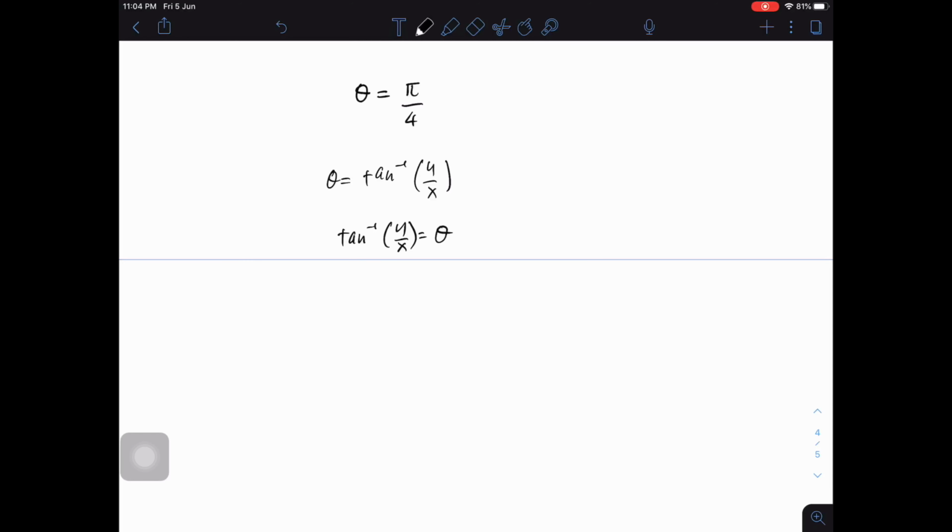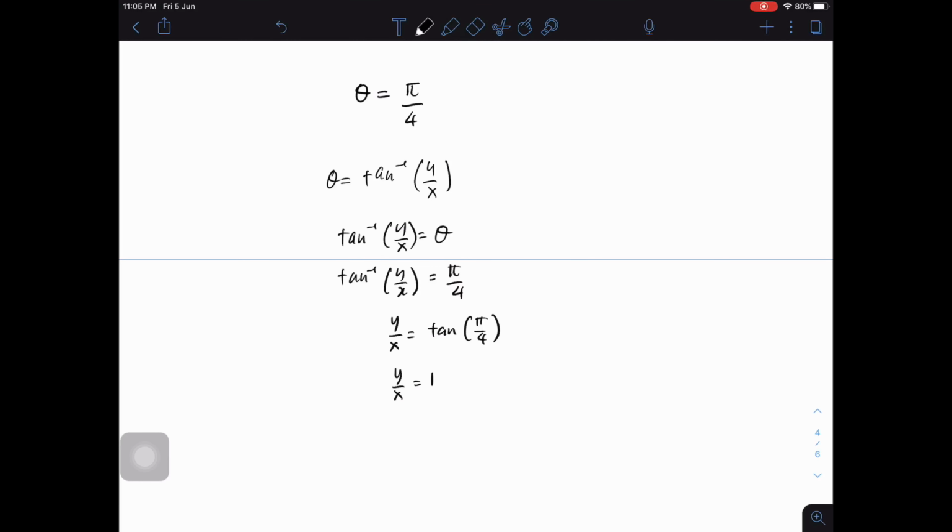Therefore, we have tan inverse y over x is equal to theta, and our theta is equal to pi over 4. Therefore, you will have y over x is equal to tan pi over 4, where tan pi over 4 is equal to 1.